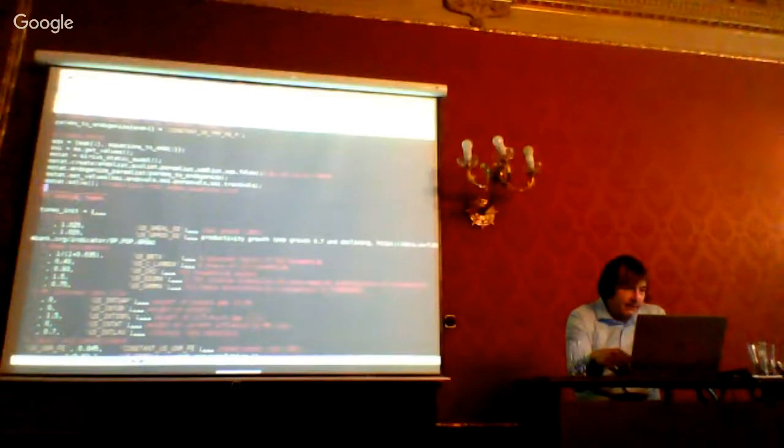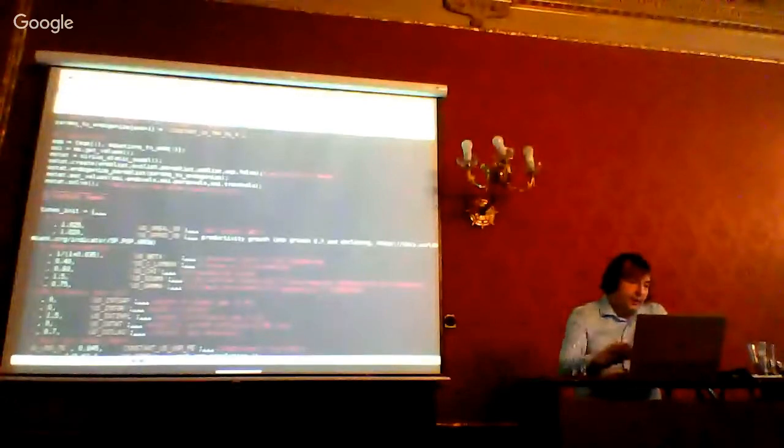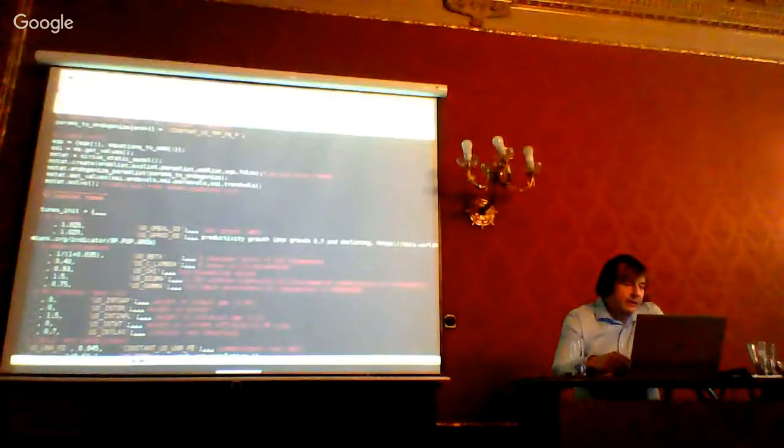Let's start at line 135. This is the file which basically calibrates the model using the homotopies.